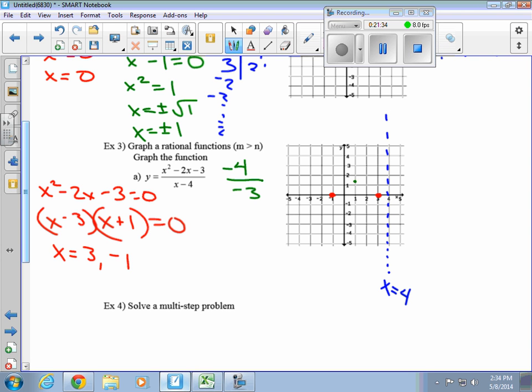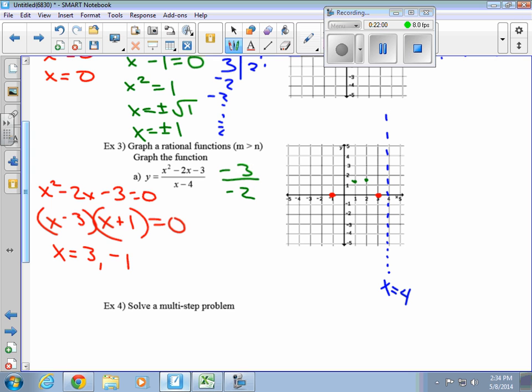Okay, so now let's put in 2 as well. So 2 squared is 4 minus 4, so that's going to be negative 3. And what's 2 minus 4? Negative 2. So that's going to be at 1.5.